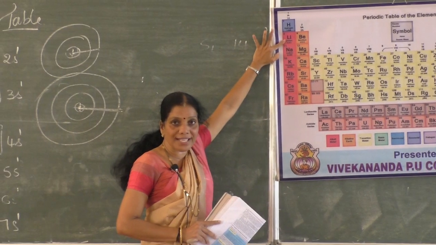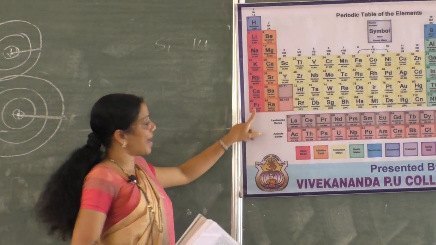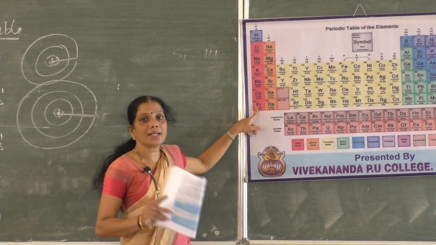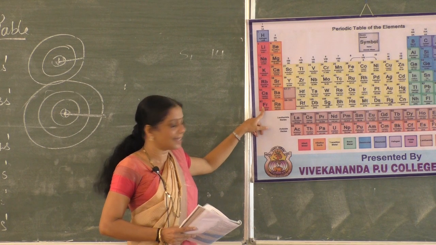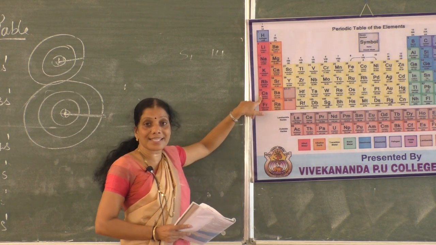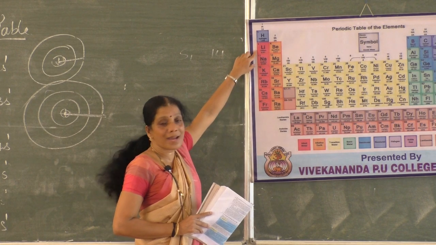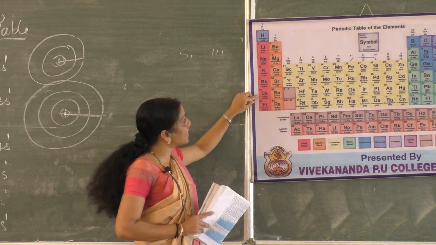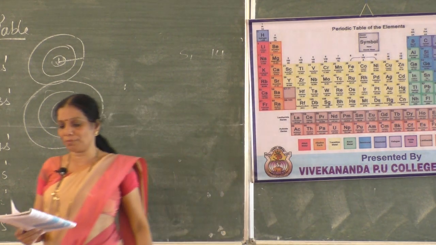Which element has got the largest size? Francium. They are not given in the elements which they have given in that set. Therefore we have to consider the largest element here is cesium. Understood? Lithium has got the small size and cesium has got the largest size. Is it clear for you?